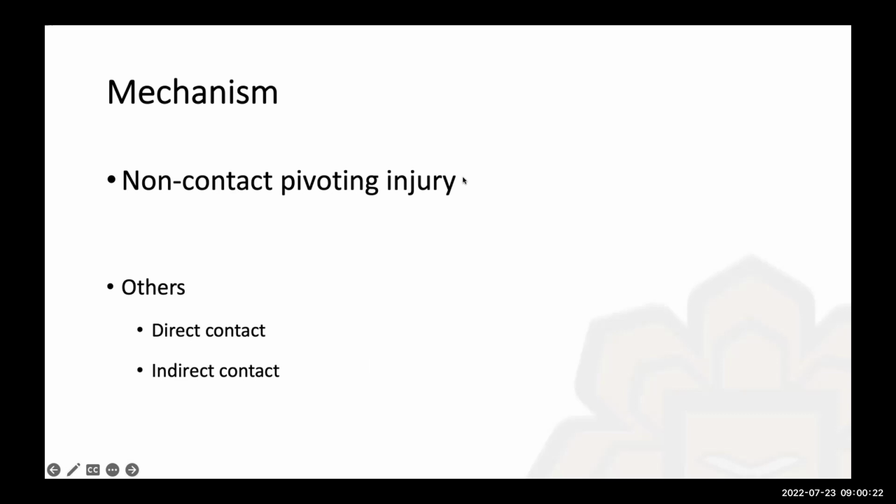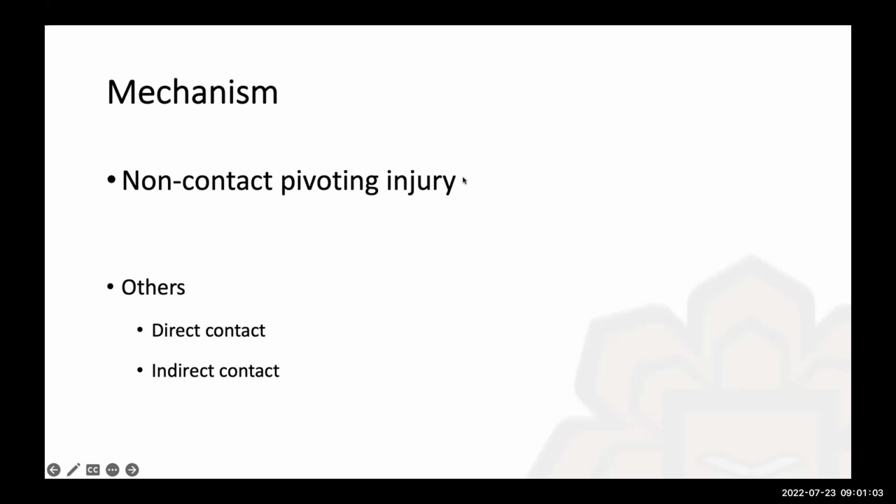Pivoting, in other words, is twisting. Others are direct and indirect contact. Sometimes it is described as a hyperextended knee. We also talk about awkward landing. For example, a patient playing football goes up to head the ball and then lands with a hyperextended knee or an awkward landing of the involved knee, which can cause an ACL rupture or ACL tear.